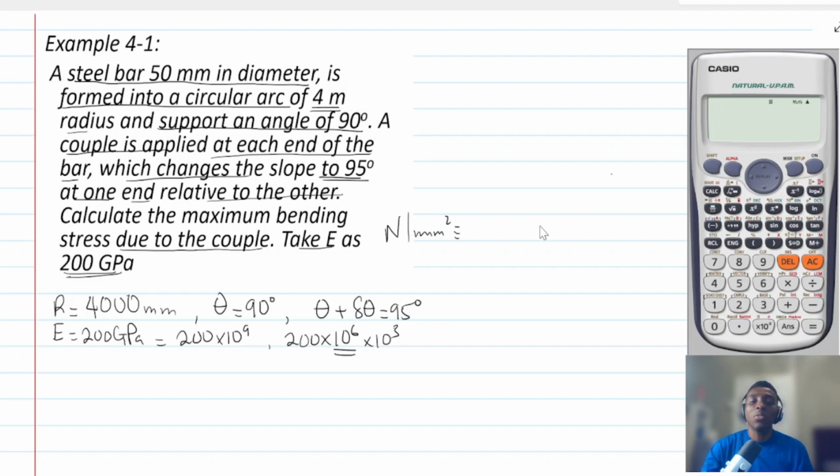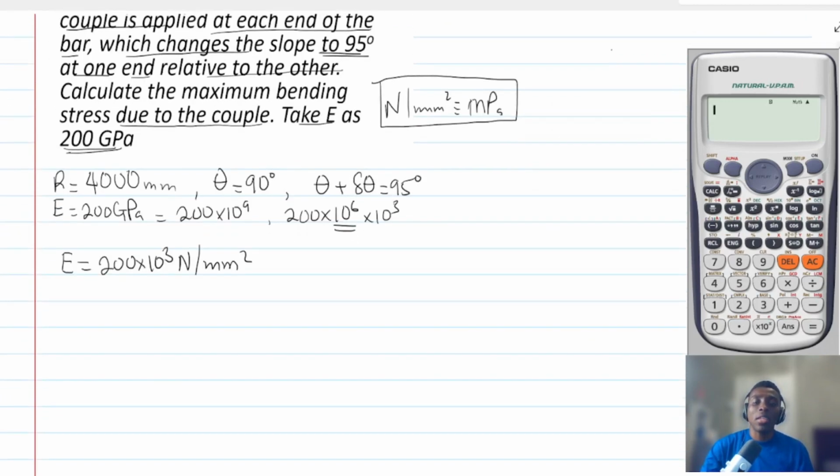So please, you have to be careful whenever you are dealing with some of these things, okay? 1 megapascal is the same as Newton per millimeter squared. Essentially, our E is actually 200 times 10 to the power 3 Newton per millimeter squared. Even if you don't get this correct, the question will be wrong. That's why I'm taking my time to do all of this.